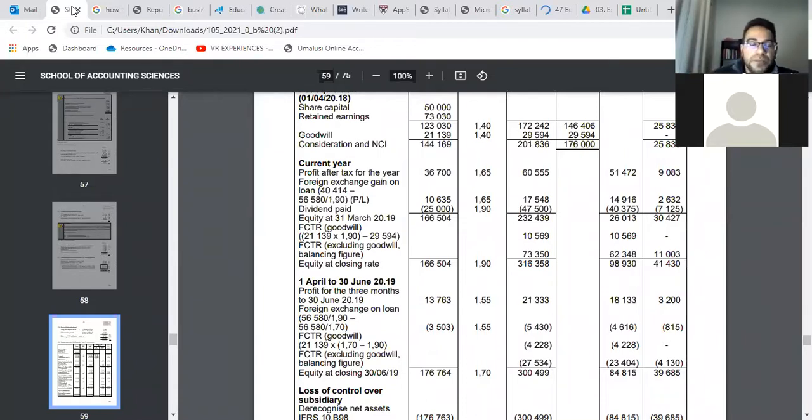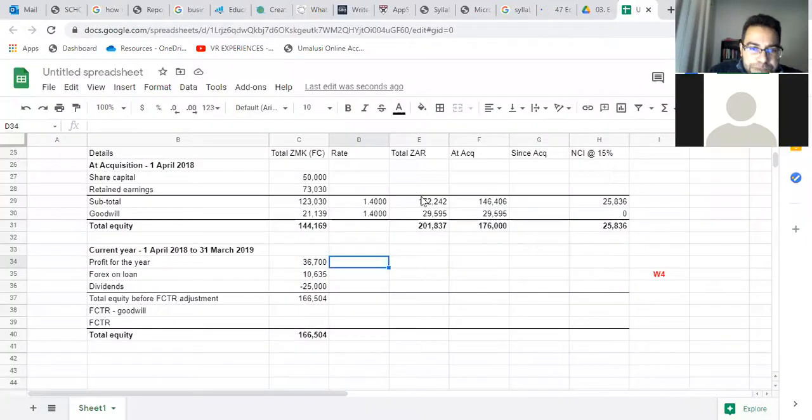If you look on the table, the average exchange rate for the 2019 financial year is 1.65. Okay. The Forex also represents the full financial year. So therefore, we also use the exchange rate of 1.65.